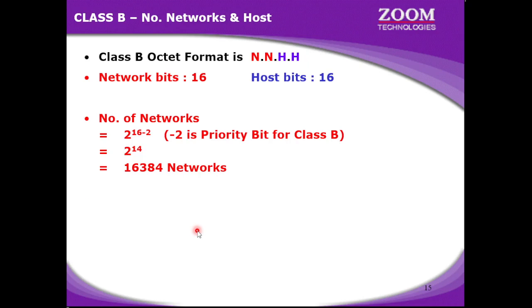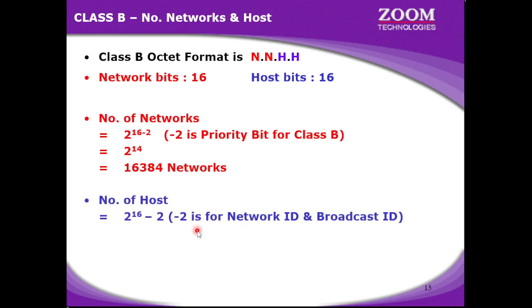Okay? So, yung dami ng device na nakakonect sa kanya is 2 raised to 16 pa din kasi 16 yung host bits. Minus 2 for the network ID and broadcast ID. So, we have 65,536 minus 2 is 65,534 na devices connected per network.